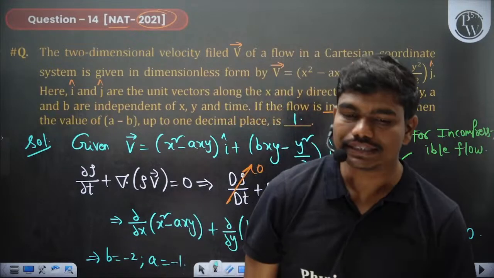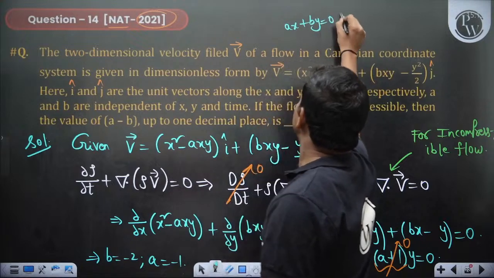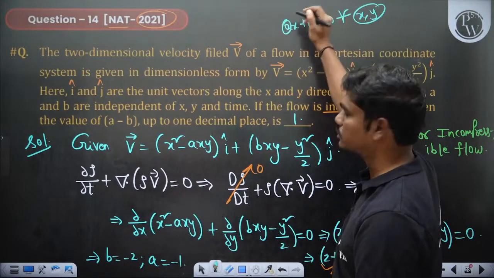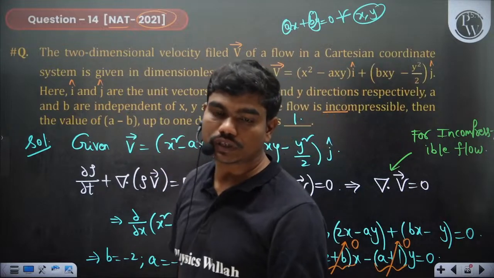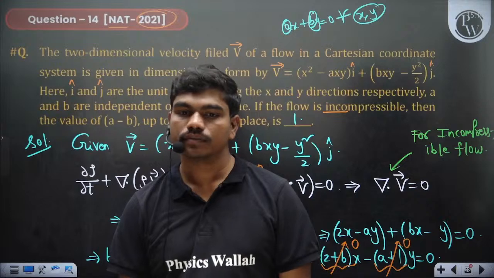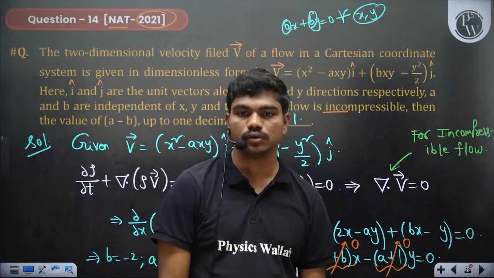For example, if I say ax plus by is 0 for all x, y, this can happen only when these coefficients are zeros. Otherwise you cannot make them zeros.